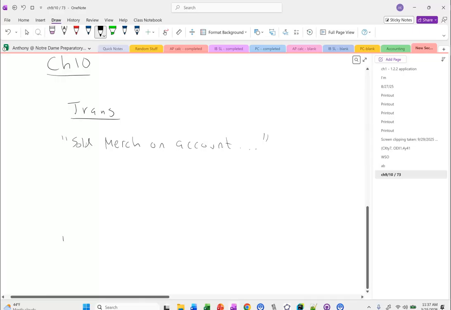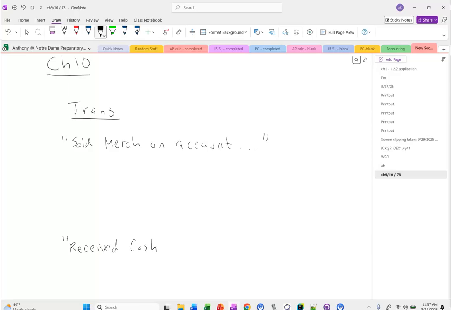And our second transaction is received cash. So received cash means somebody paid us actual money directly. Now that could be for merchandise, like here's some money, give me my stuff.